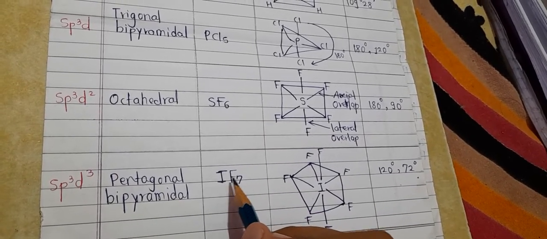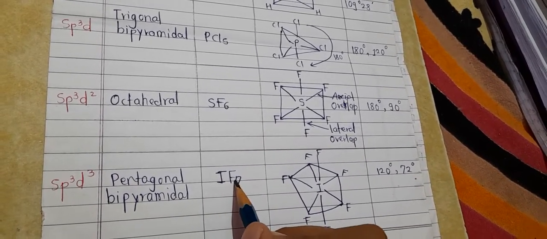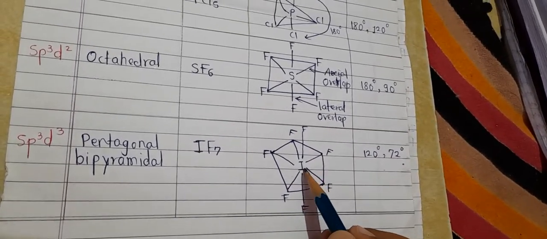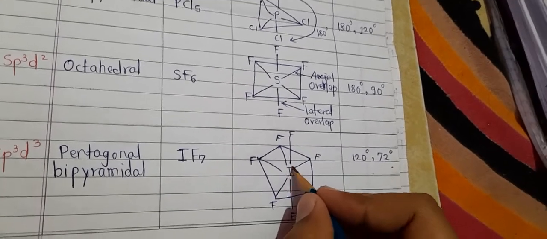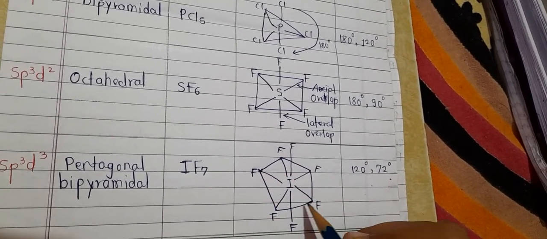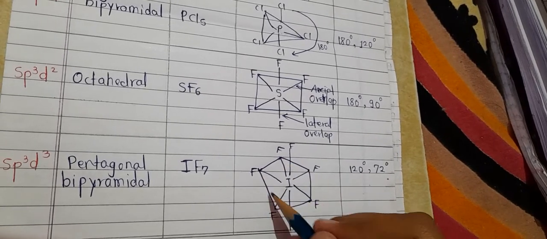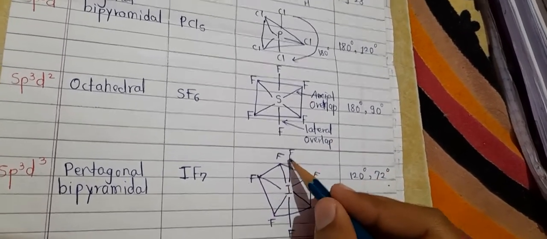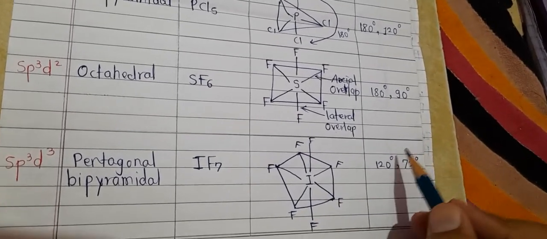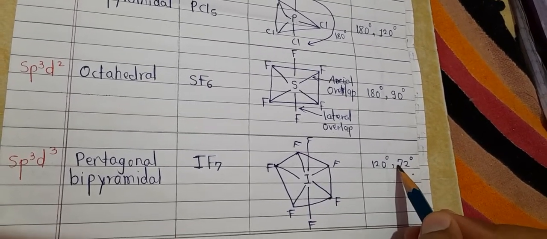Example IF7, iodine heptafluoride. Structure of iodine heptafluoride is like this. Iodine is in center and 5 fluorine are in pentagonal structure and 1 fluorine is above the plane and 1 fluorine is below the plane. Bond angle is 120 and 72.